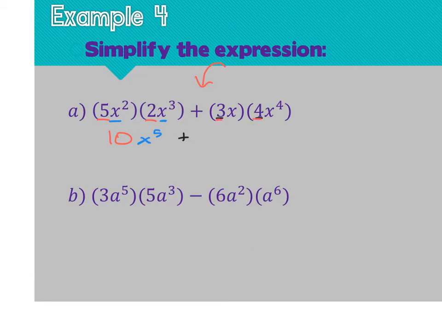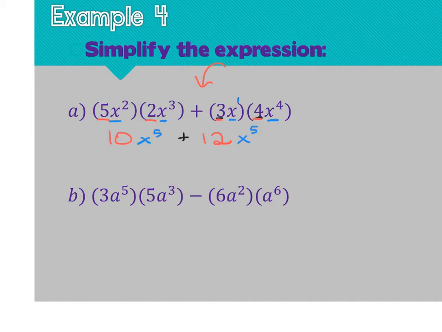Get 3 times 4 is 12. And then x to the first, assume a 1 there, times x to the fourth gives me x to the fifth. Now notice both of these terms have exactly the same variable with exactly the same exponent.